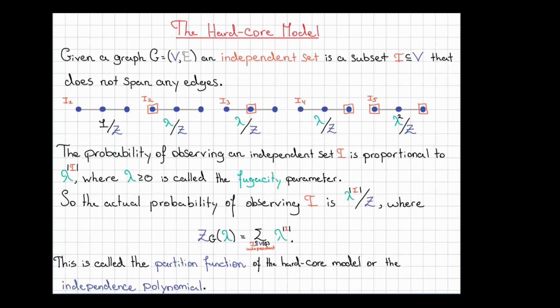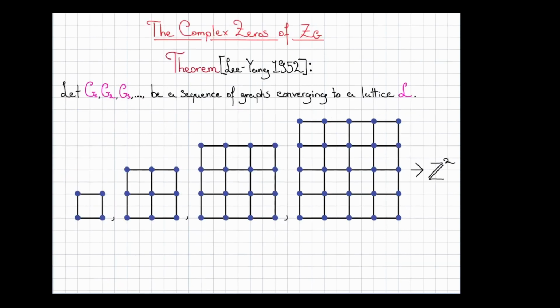So there's one result that I want to mention. It's by Li and Yang, which says that if you have some sequence of graphs converging to some lattice, for example, you can think of a sequence of finite grid graphs converging to the infinite Z-squared lattice.